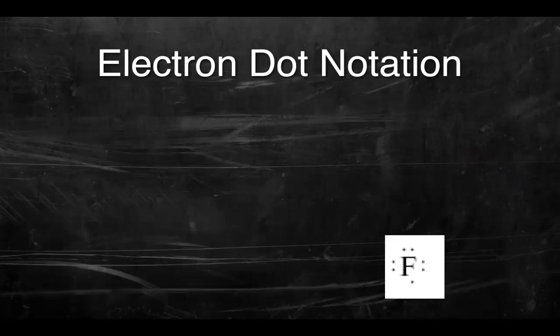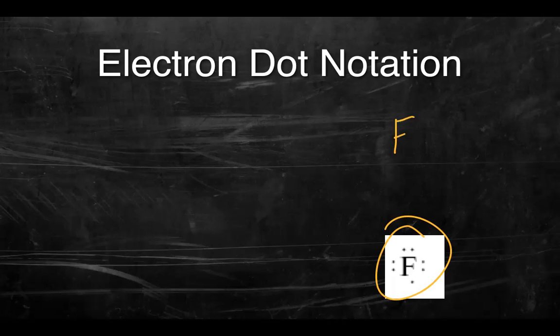All right, so first thing is electron dot notation. I don't really know where this is extremely useful because we don't usually do electron dots for individual atoms, but basically what it means is that you're using dots to represent valence electrons around an atom.